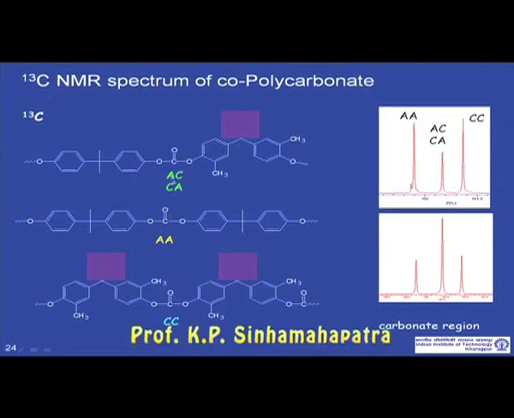So, this is an example of a co-polycarbonate which consists of BPA and another compound, TMBPA.